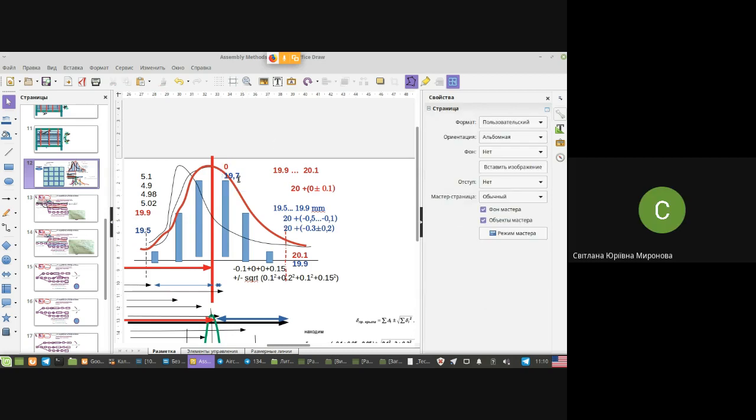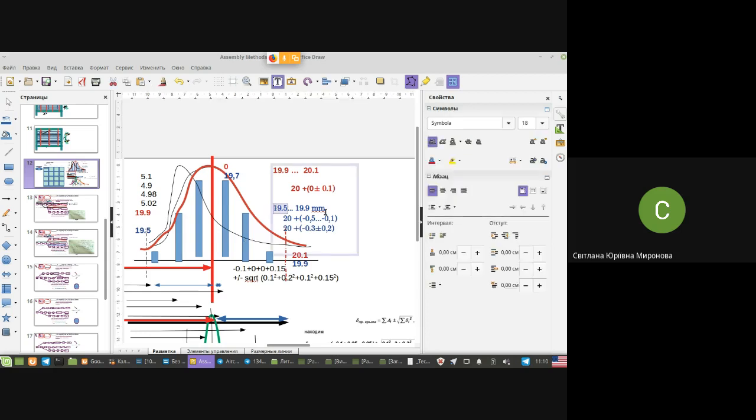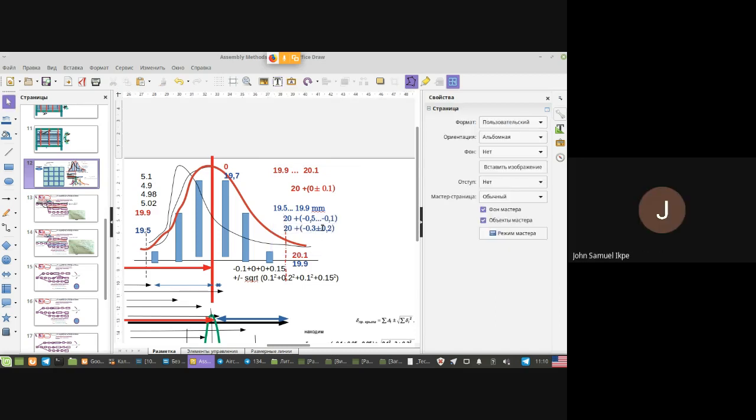How to get 19.5? 19.7 minus 0.2. 19.7 plus 0.2, and you will have 19.5, 19.9. It's just another representation of the same information. That one and that one give you the same results. Is this clear?